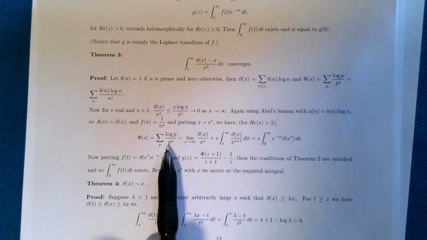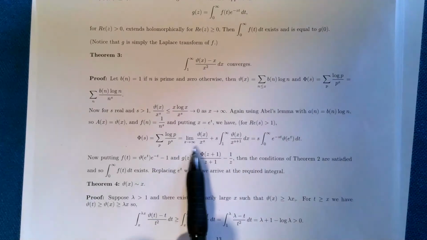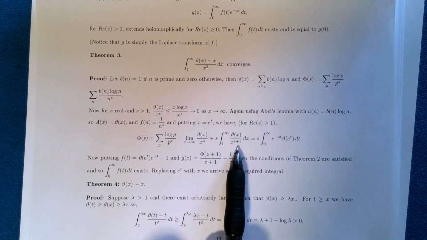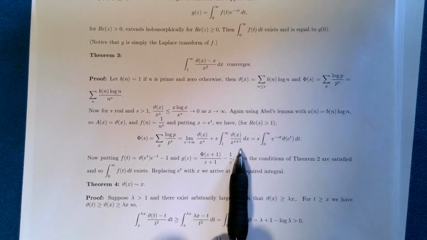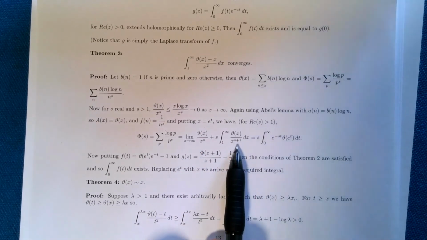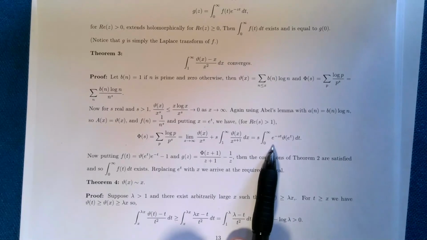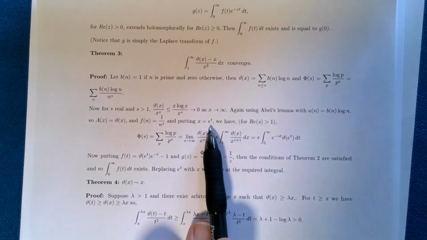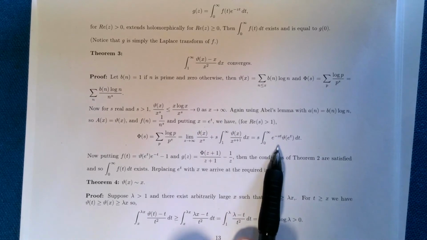We can now show that that's equal to the limit of theta of x on x to the s plus this integral. So I'm just using Abel's identity here, and this one we can write as s times the integral from 0 to infinity of e to the minus st theta of e to the t. There I've simply put x equals e to the t in there.